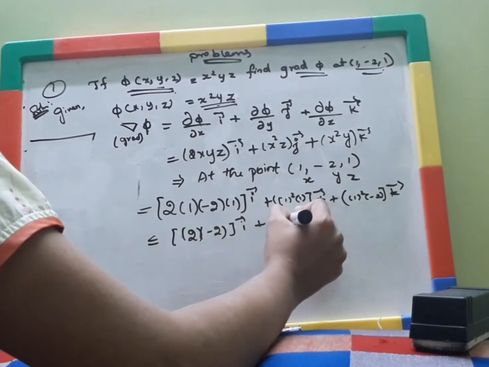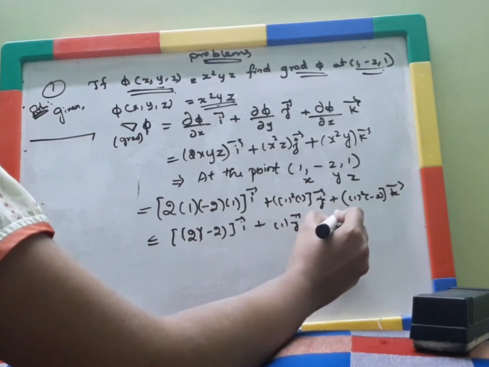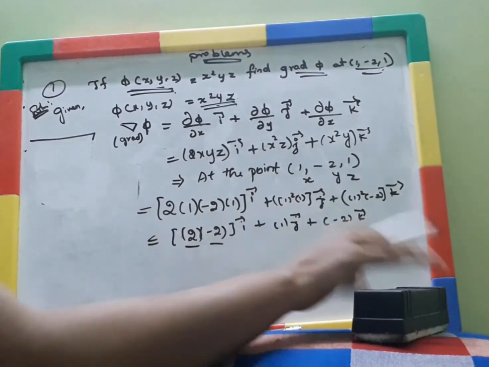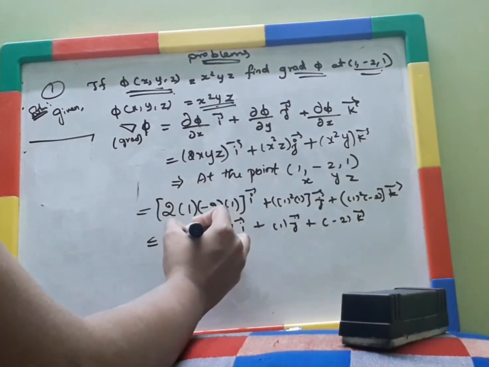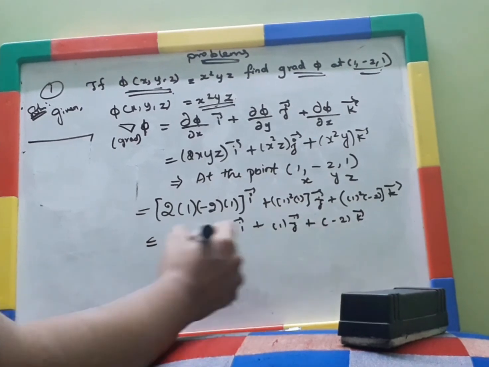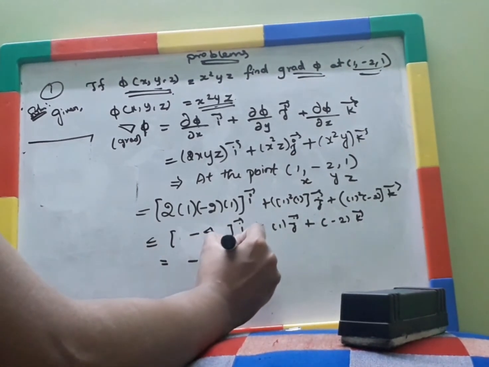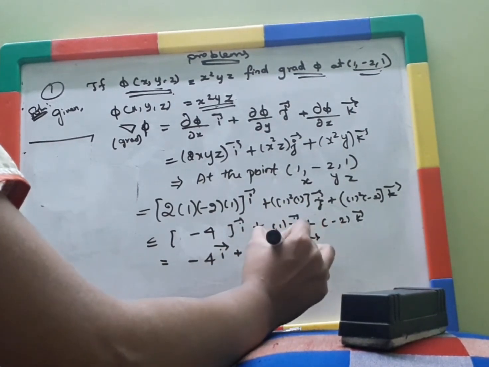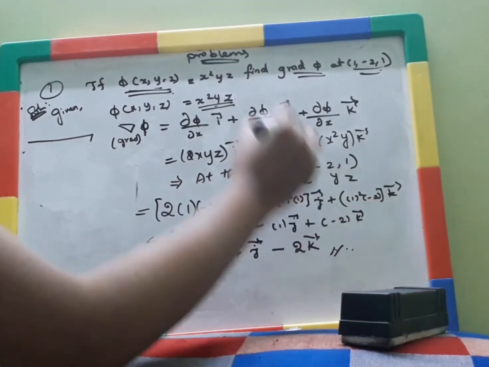Solving it, 2 into minus 2 into 1 is minus 4 i vector, 1 square is 1 and 1 into 1 is 1 j vector, and 1 square into minus 2 is minus 2. So we get minus 4i vector plus j vector minus 2k vector.